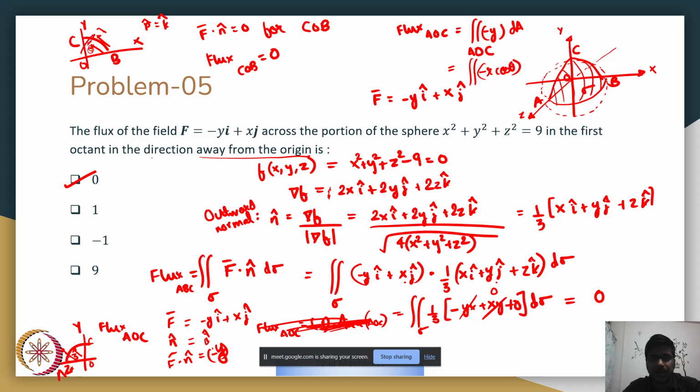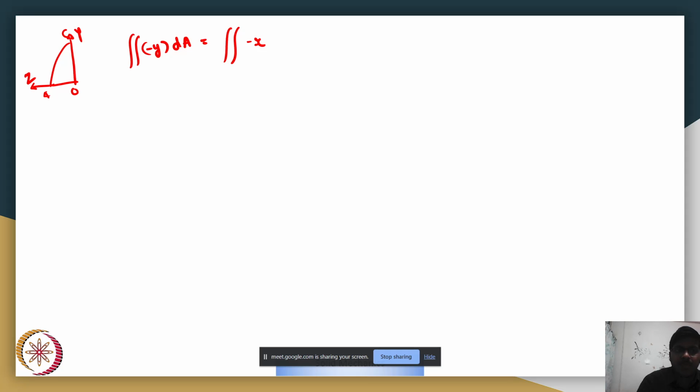If I look at the surface AOC, it would end up being the integral of minus y dA, which is nothing but the double integral of minus r cos theta into r dr d theta.